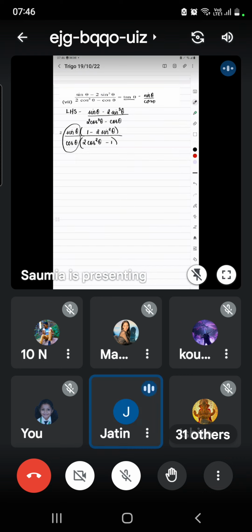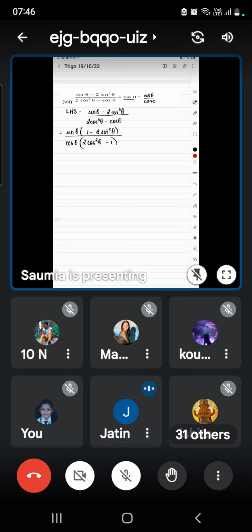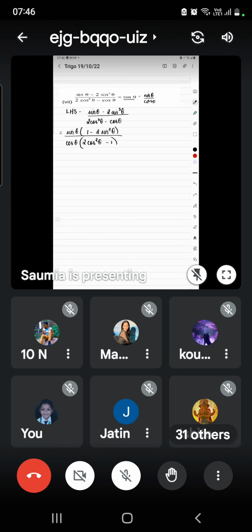Ma'am, we can write 1 minus cos square theta at the place of sin square theta. Yes. So what I'm trying to say is these two brackets have to be cancelled. Now, if these two brackets have to get cancelled, they should become the same. But if you look at the numerator, it has sine and the denominator has cos. You have to somehow make it the same.